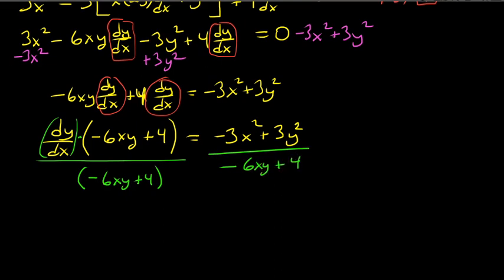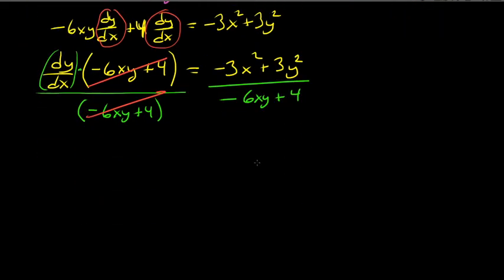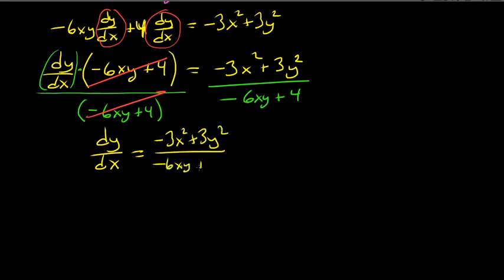Okay. Yeah, because on the left side, they cancel, right? You just get 1 times dy over dx. And there it is. So this is just negative 3x squared plus 3y squared divided by negative 6xy plus 4.